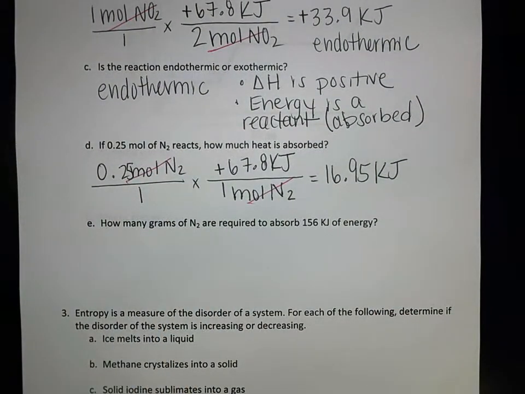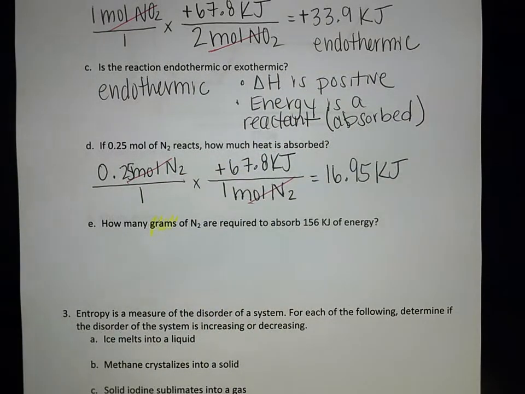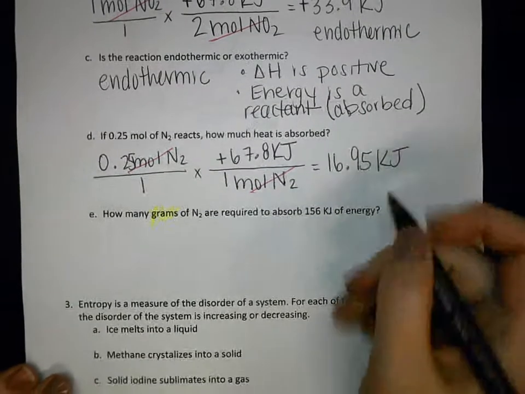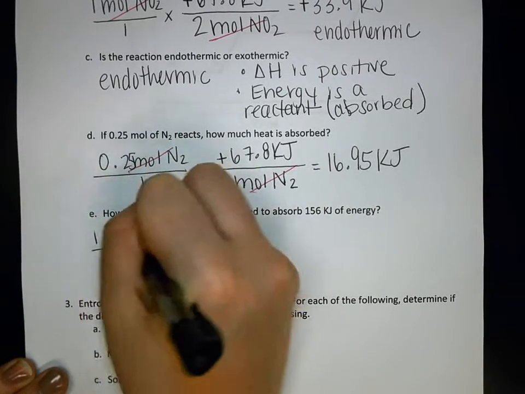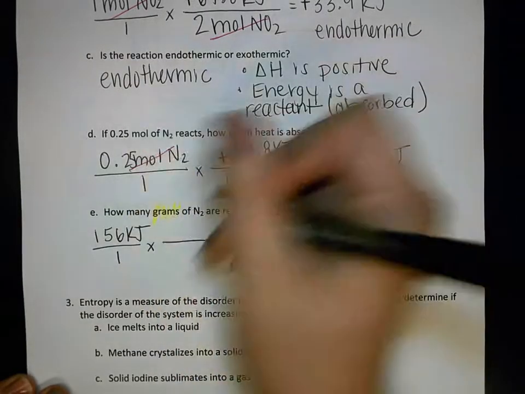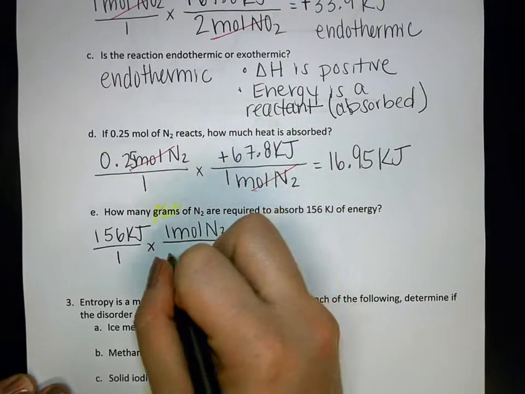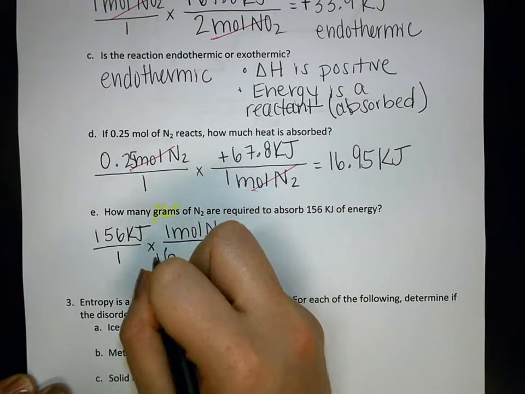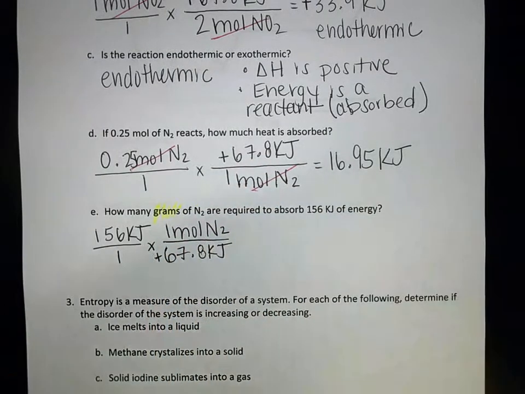The next question is almost the same as the question before it, except this time we're going to take it one step further, and we're going to calculate grams of N2 instead of just moles of N2. So for this one, I'm going to start with 156 kilojoules of energy, and a positive 67.8 kilojoules are absorbed for each mole of N2.